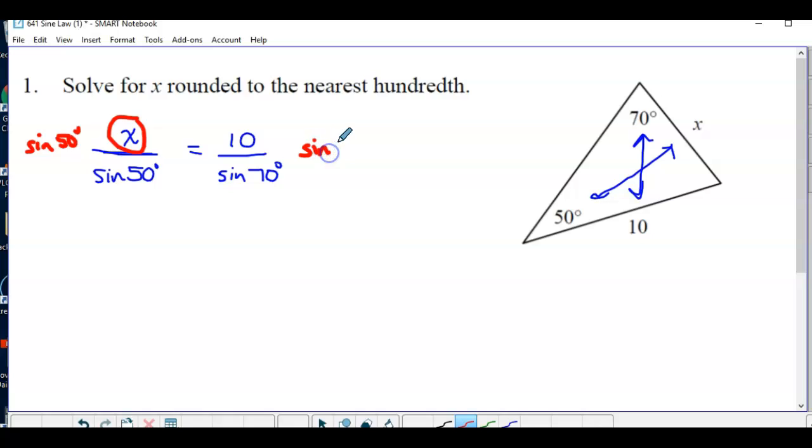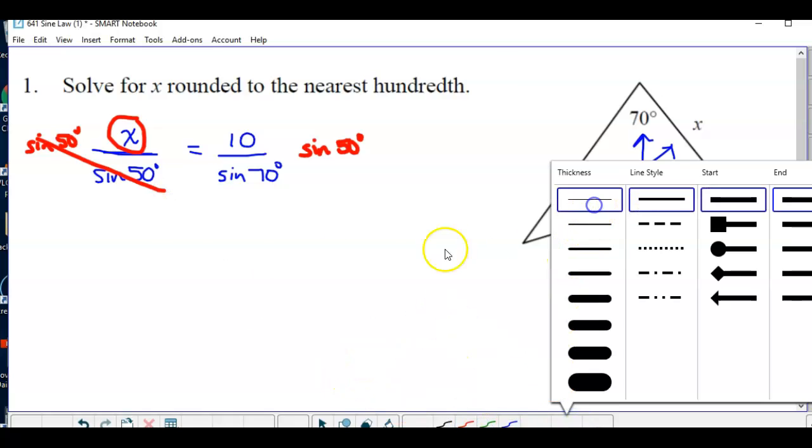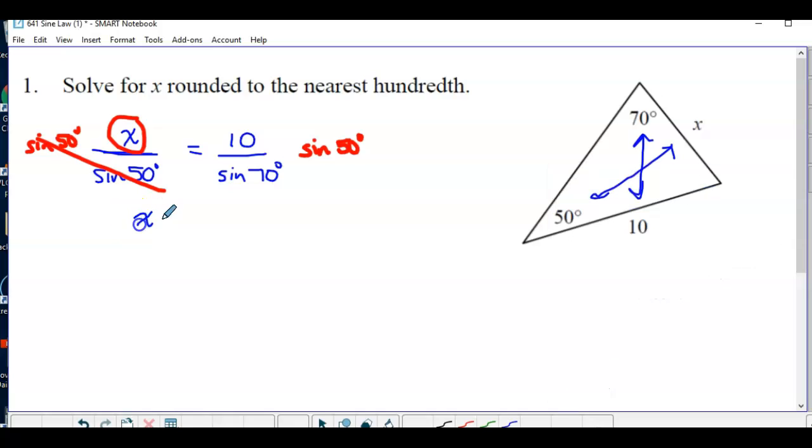So in this case, just multiply both sides by sine 50. So those divide out, and I'm left with x equals 10 sine 50 degrees over sine 70 degrees.